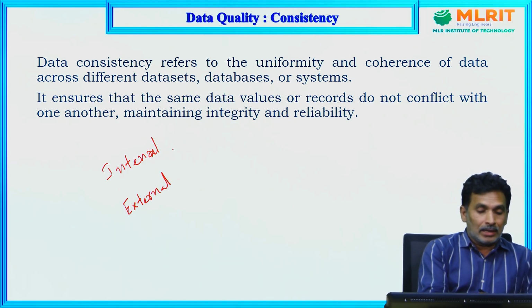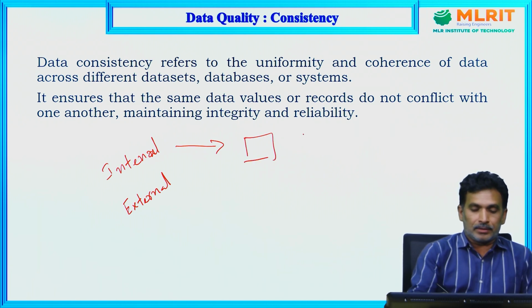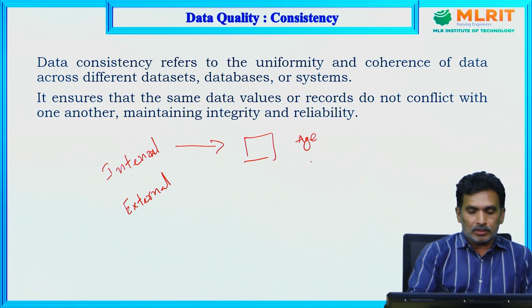What is internal consistency? If you take one data set with customer information, like customer age, say 38 years old, and the same data set has a date of birth field, the date of birth should give the same information.